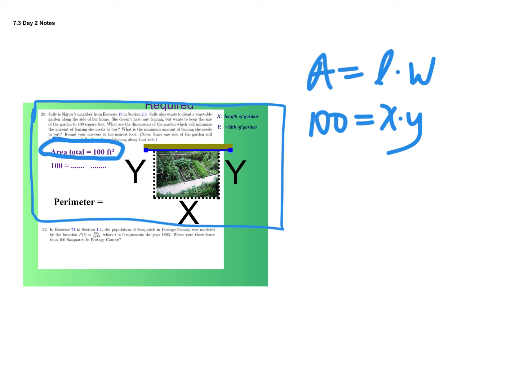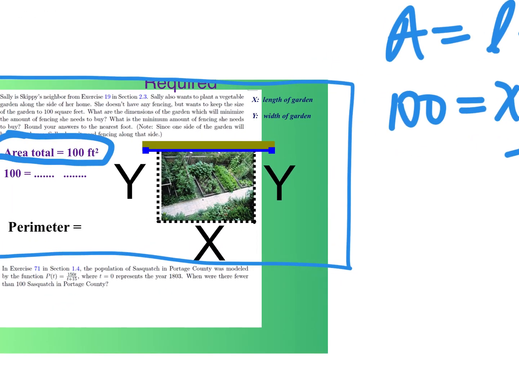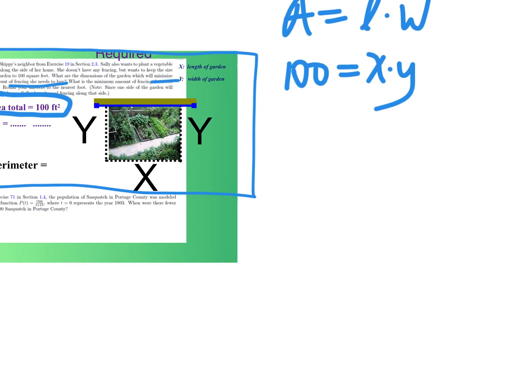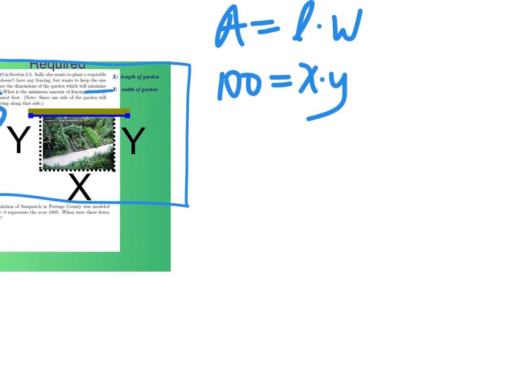They also say they want to minimize the amount of fencing she needs to buy. Okay, so the amount of fencing is a perimeter. Here's the generic formula for perimeter. 2 lengths plus 2 widths. But wait, we just figured out length was x. And width, oh wait, I shouldn't do it there. I should actually do it underneath it.